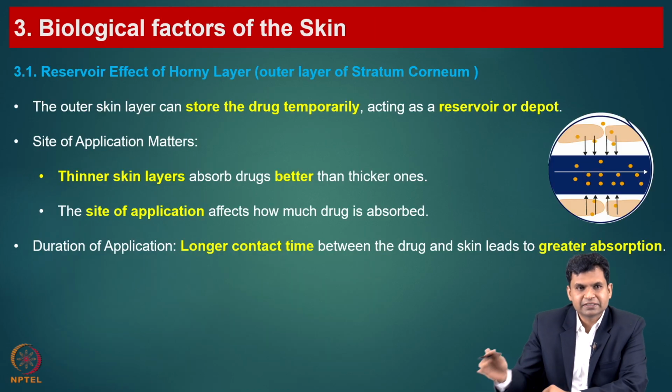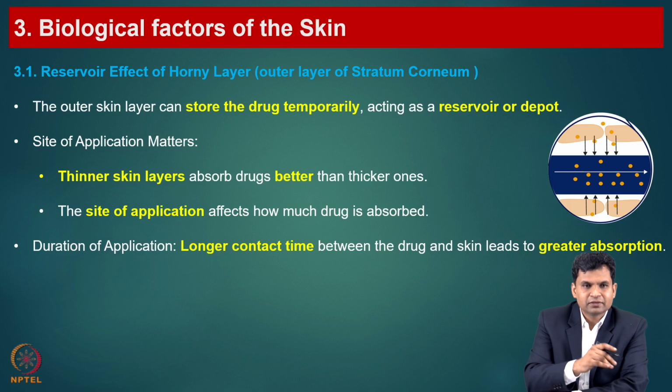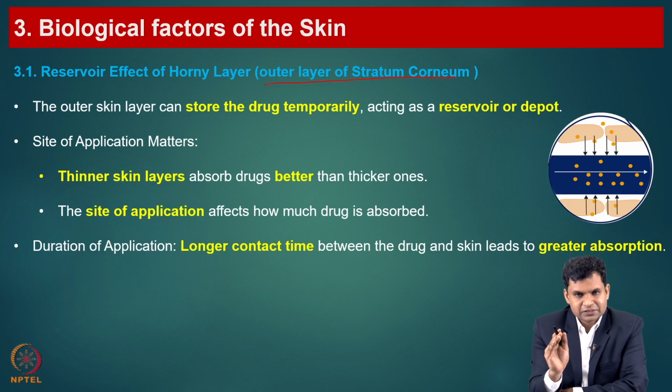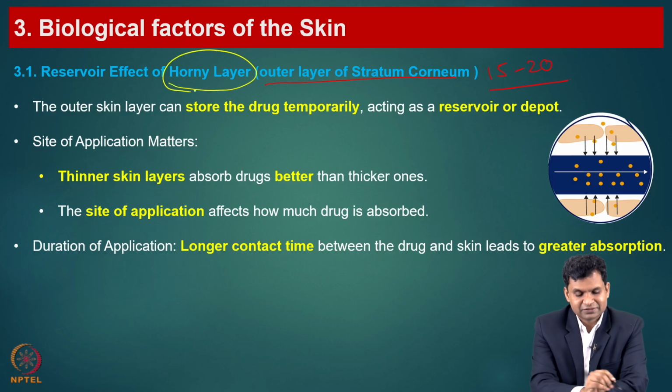So, the third factor is the biological factors of the skin. We know that the outer layer of the skin is the stratum corneum, which has 15 to 20 layers. The topmost layer is called the horny layer, the outer layer of the stratum corneum.